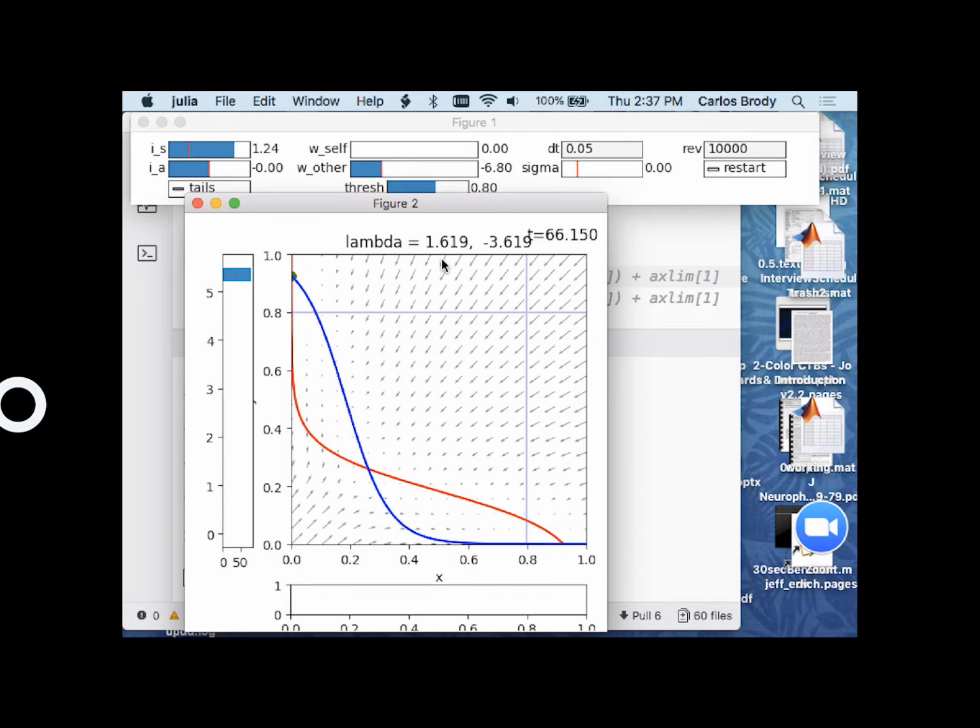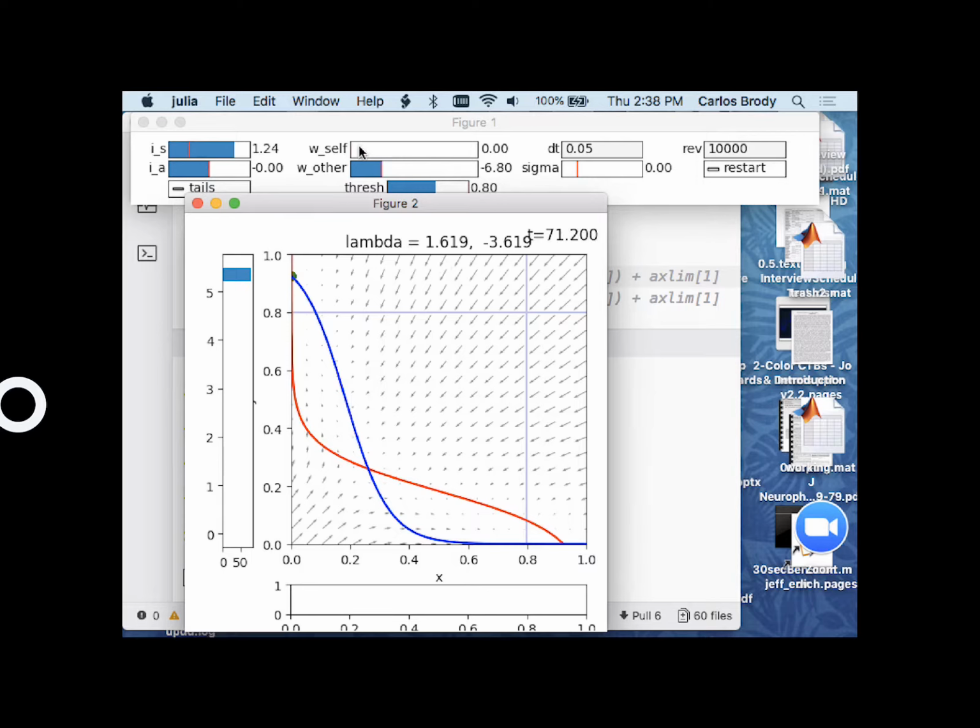Because you can write e to the lambda t as e to the t over 1 over lambda. The only reason I'm writing it like that is that 1 over lambda has units of seconds, so we can think of it in terms of seconds. If you want 500 milliseconds here, you want 1 over lambda to be 500 milliseconds.